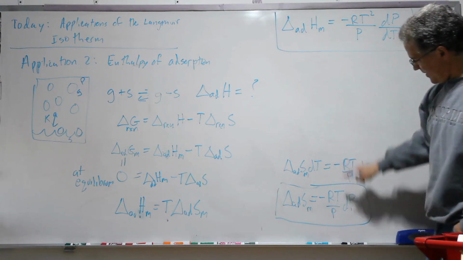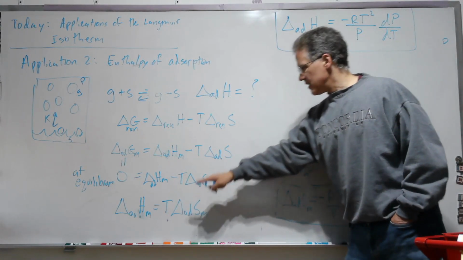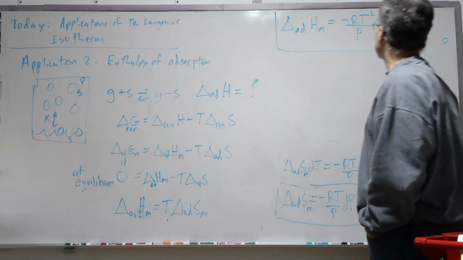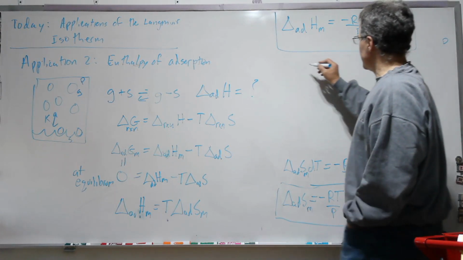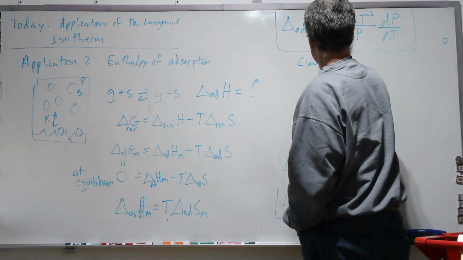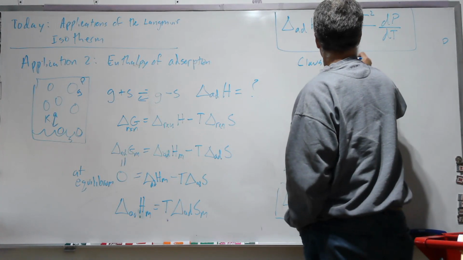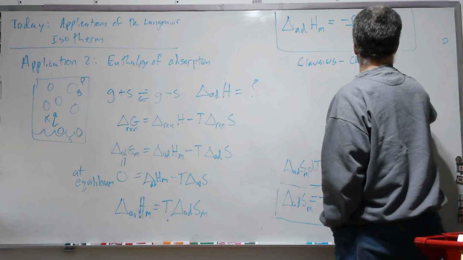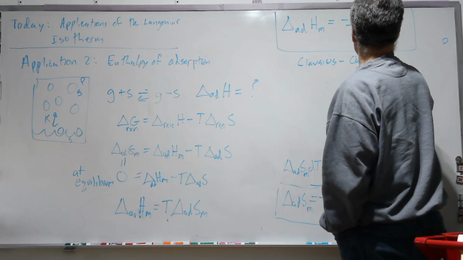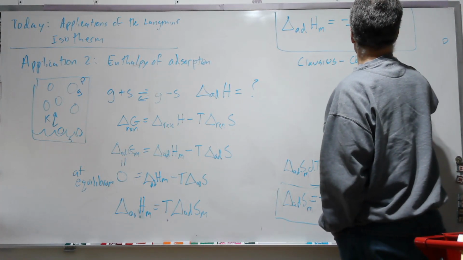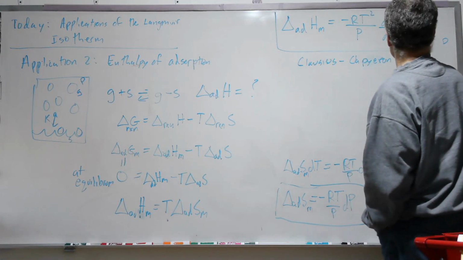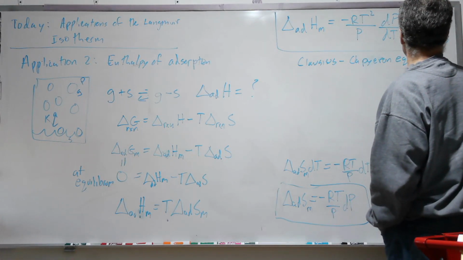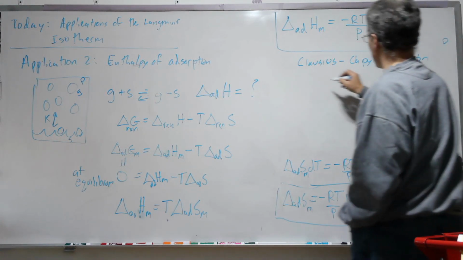It's a T squared because we have a T here and this extra T right here. This is the Clapeyron equation for adsorption.